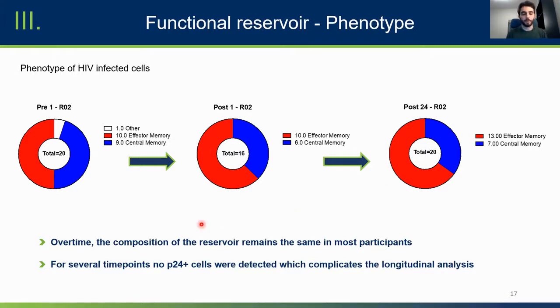And as you can see for this donor, the composition of the reservoir remains the same. And even though the data is not here, it's true for most participants where we were able to find P24 positive cells. Again, for some time points we couldn't measure P24 cells, which complicated the longitudinal analysis.